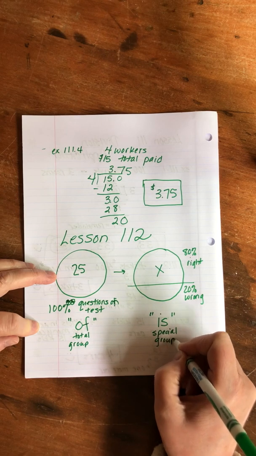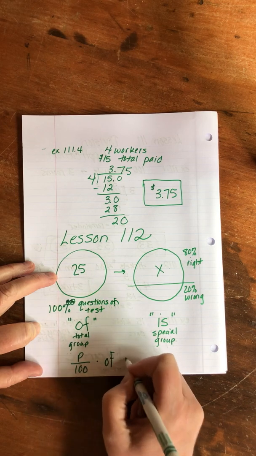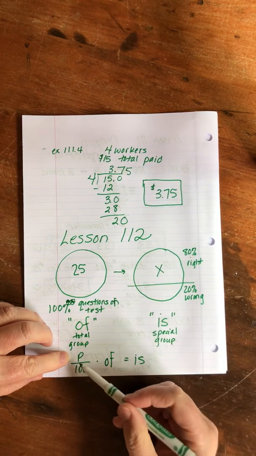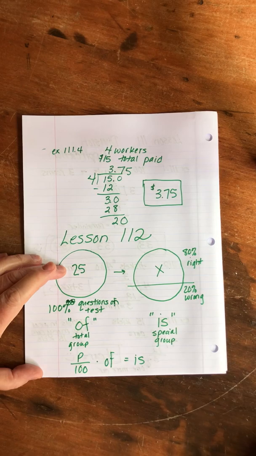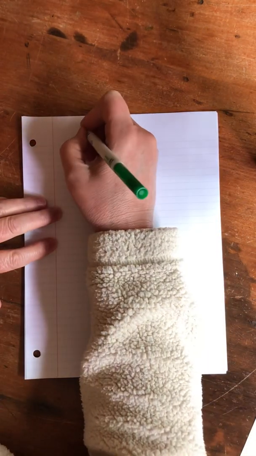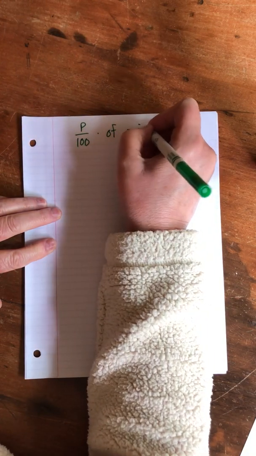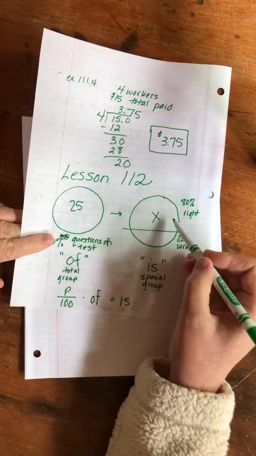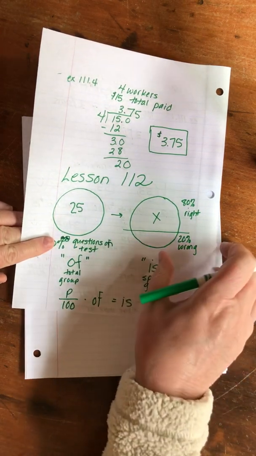And then we have a little formula. If we take the percentage, 80%, put it over 100 and multiply it by the total group, that will give us the special group. So in this case, I'm going to rewrite the formula up here. Okay, we know that our percentage, we're trying to find the percentage you got right. That's 80%, and the total group, the of number, is 25.